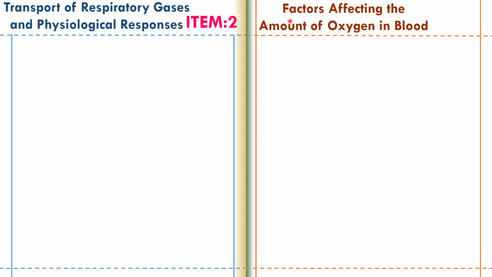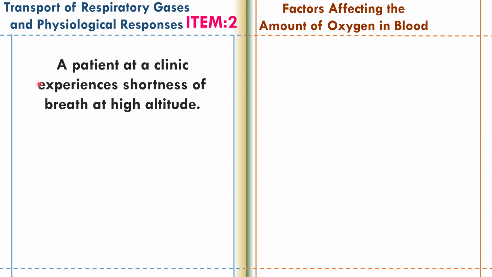Still on the transport of respiratory gases and physiological responses, item 2. We want to look at the factors affecting the amount of oxygen in blood. A patient at a clinic experiences shortness of breath at high altitude.